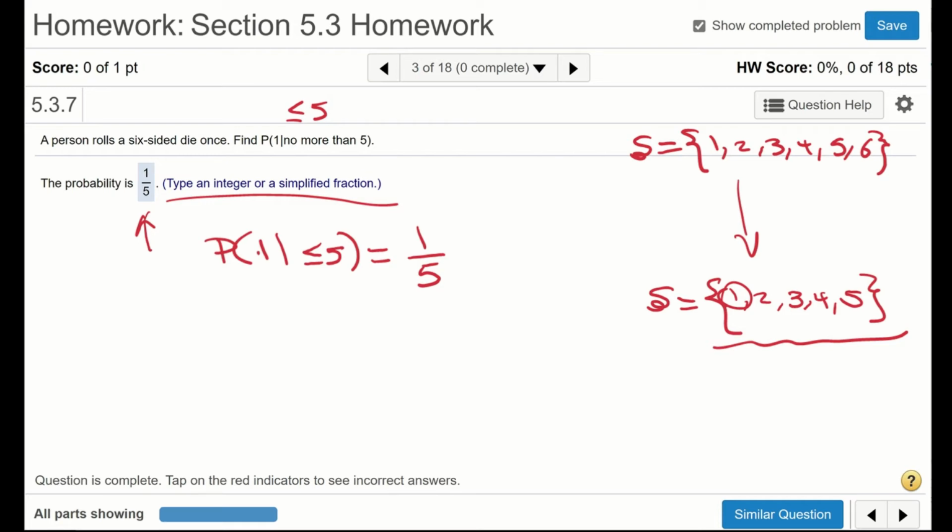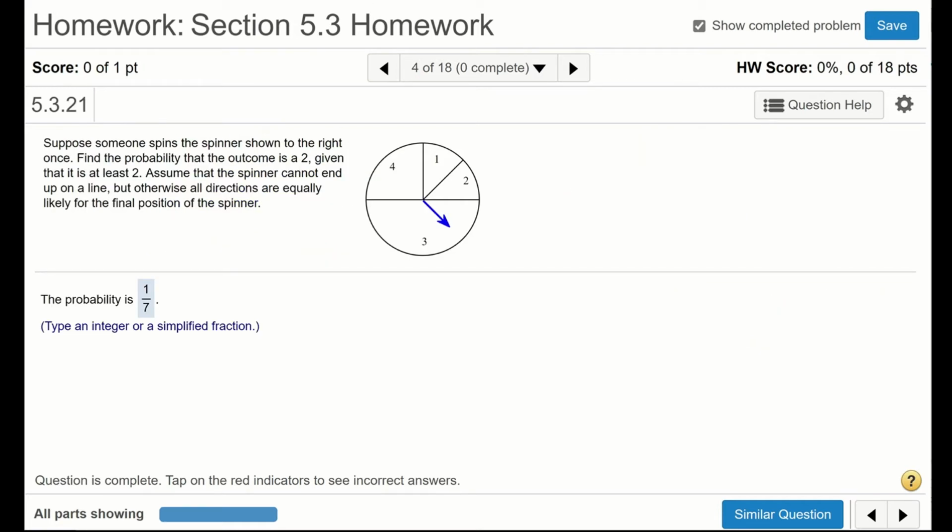All right. Okay, here we have a nice example with a spinner. Notice that we want to basically find the probability that the outcome, or where the spinner stops, and remember it says it cannot end up on a line, one of these lines, so we're assuming it's going to always stop only inside one of the zones, right?